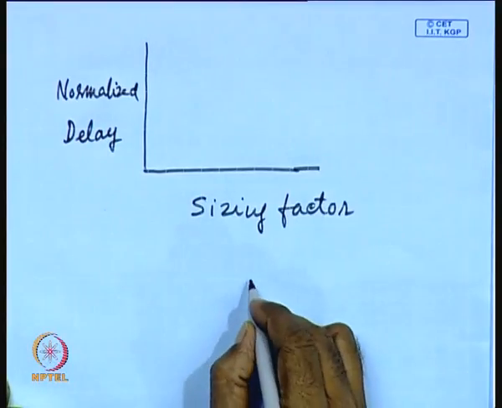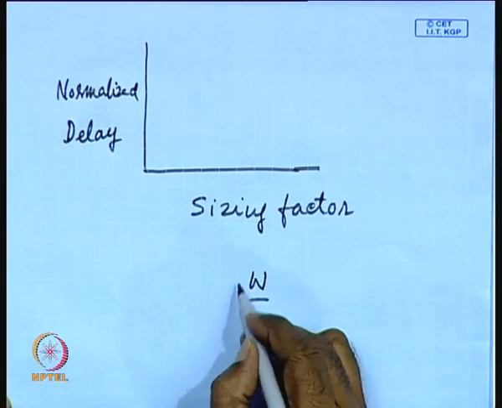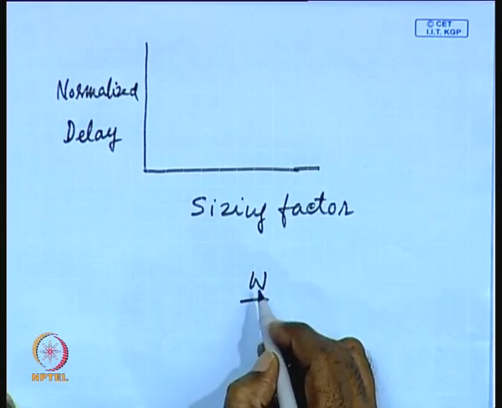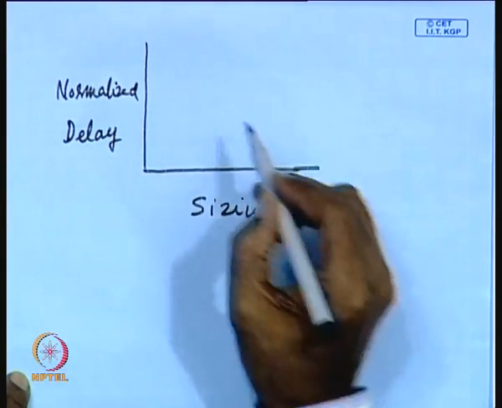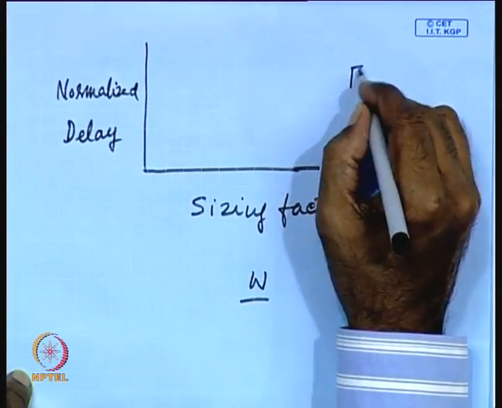Sizing means you are increasing the size of the transistors. How are you increasing the size? Obviously, by increasing W. By increasing W, we are increasing the size of the transistors, and we ask how the delay changes as you increase the fan out. That means there is a relationship between fan out and sizing factor.